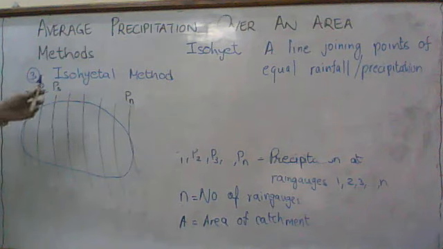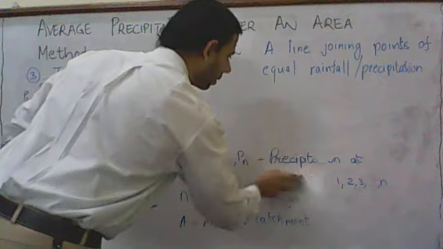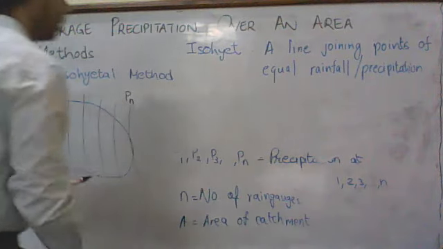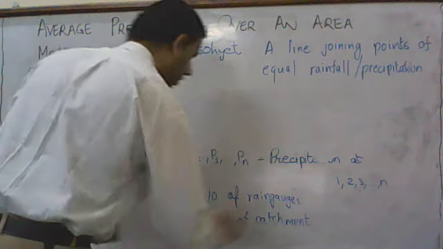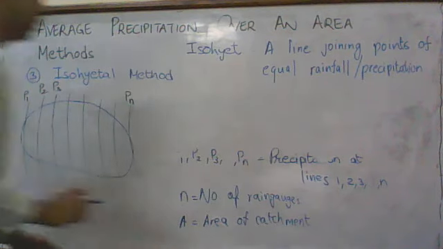So what are P1, P2, P3, Pn? These are the precipitation at rain gauges 1, 2, 3, n. Now in this case, it should not be rain gauges, it should be at lines 1, 2, 3, n.